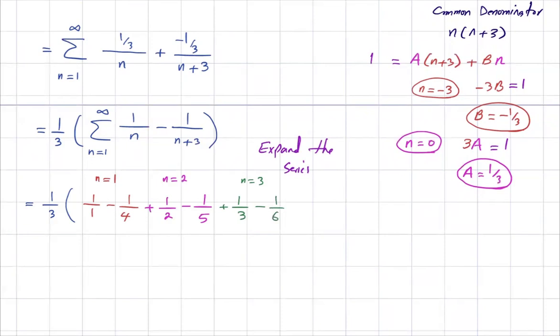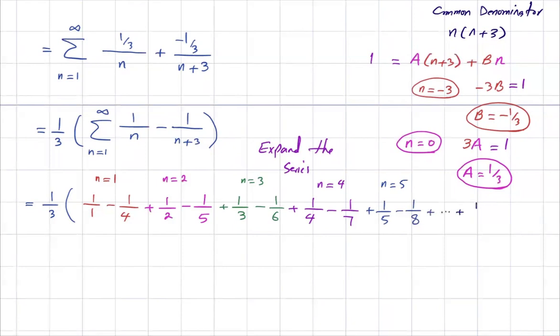If you plug in 4, for example, what do we get? If n is equal to 4, you get 1 over 4 minus 1 over 7. Okay, I'm getting a pattern here, am I right? When n is equal to 5, I get 1 over 5 minus 1 over 8, plus the rest of the terms, right?